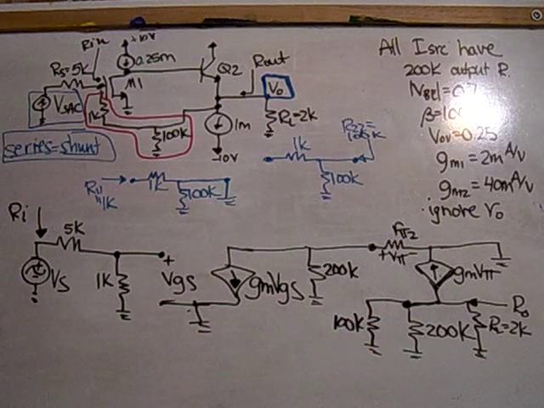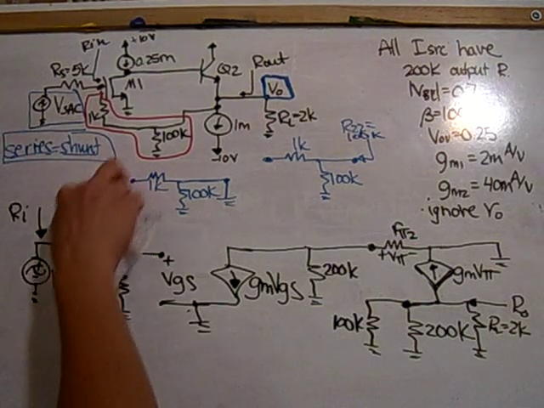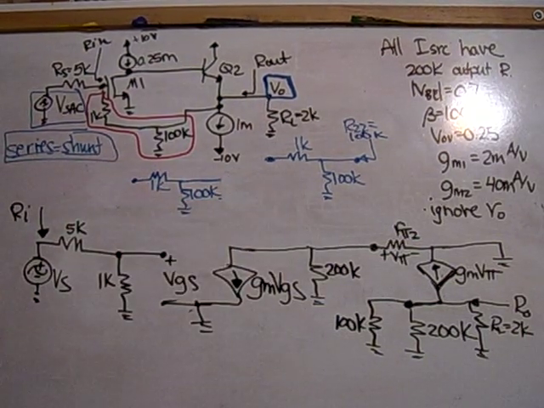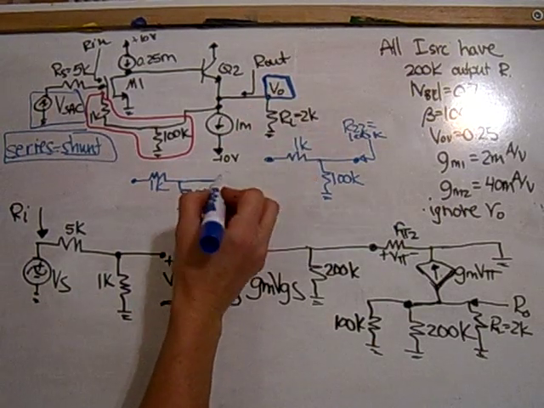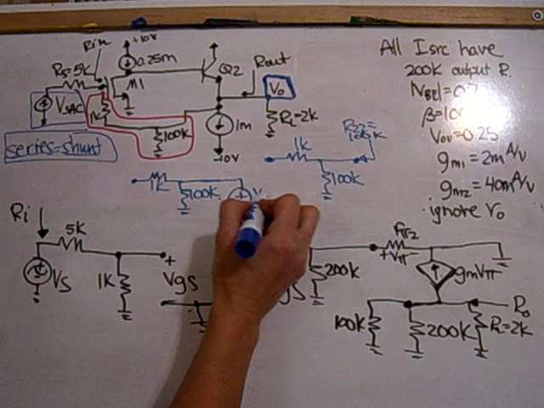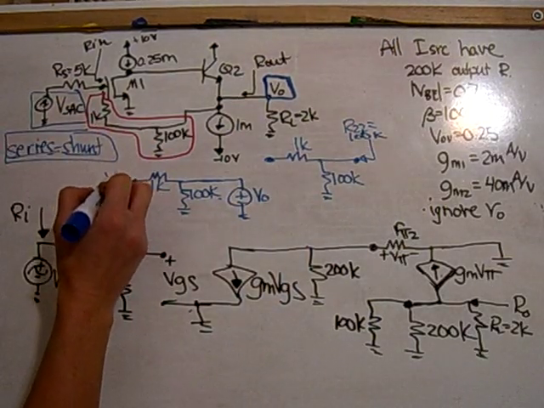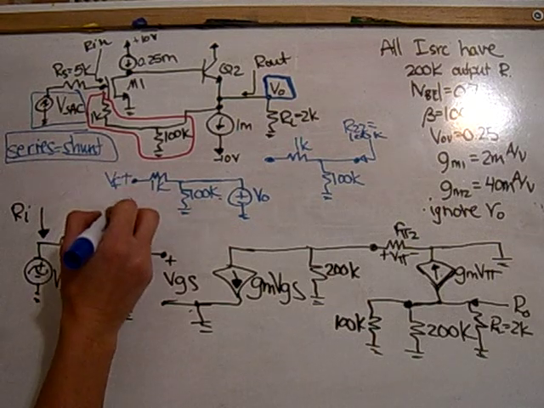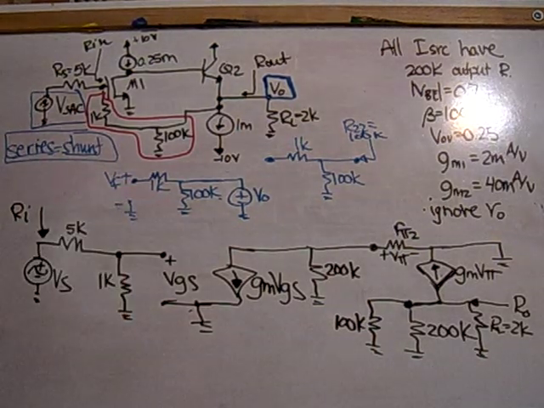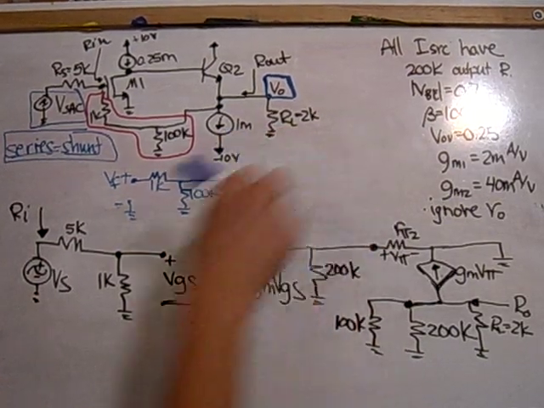The last thing that I need to find from the feedback portion is beta feedback. So I use the same network. I look at the output type, which is a voltage, so I place V0 here. The input is also a voltage, so I place from where it connects the positive, and I refer to ground as VF, and beta is going to be VF over V0.